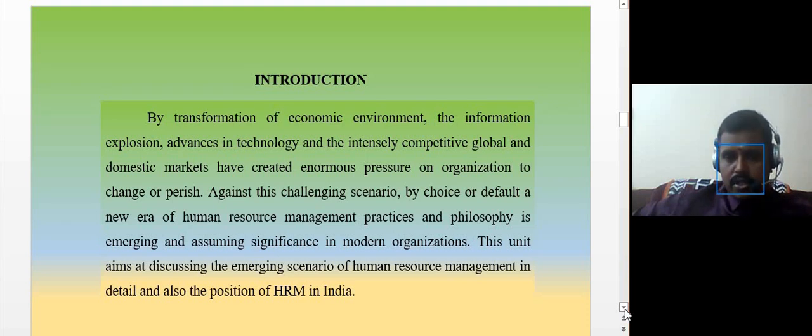We are in a position to study how the new era of human resource management practices and philosophy is emerging and assuming significance in a modern organization. So definitely this unit covers the emerging scenarios of human resource management as well as the human resource management practices in our country.